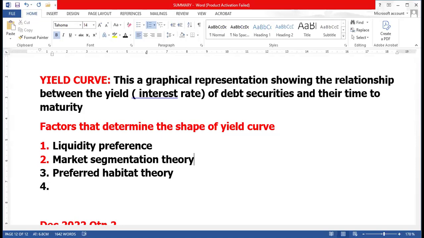So if I am going to exceed that period, you will need to compensate. Here you are looking at time. Here you are looking at what? You are looking at money.